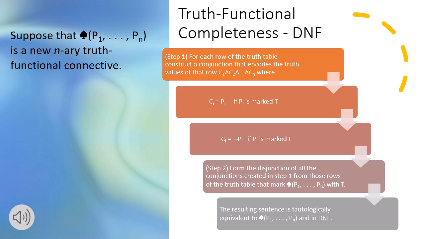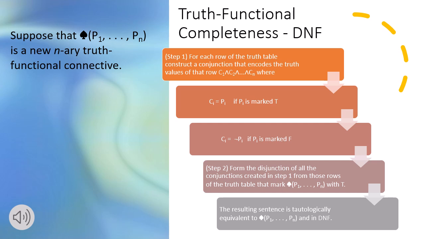First, for step one, for each row of the truth table, you construct a conjunction that encodes the truth values of that row. Let's call that C1 conjunction C2 all the way to Cn. We have to do this for every row of the table, and because there are n atomic sentences, there are 2 to the n rows.